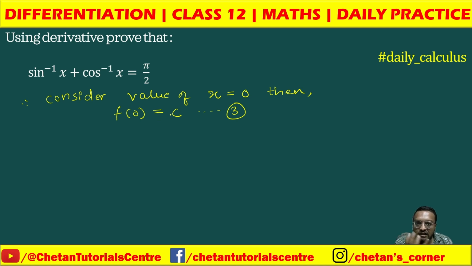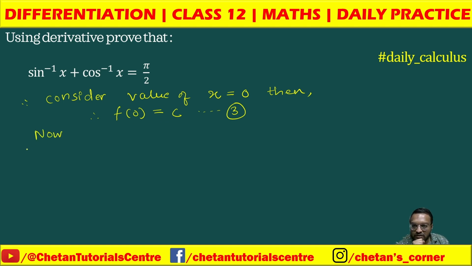So for any value of x, the value of function f of x is going to remain constant. We have considered the value of x as 0. Therefore, the value of the function after substituting x is equal to 0 will remain constant, that is equal to c.